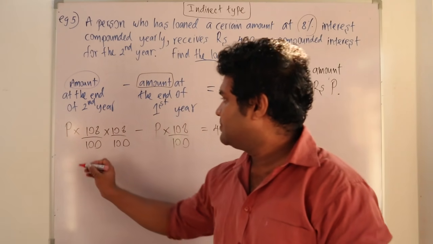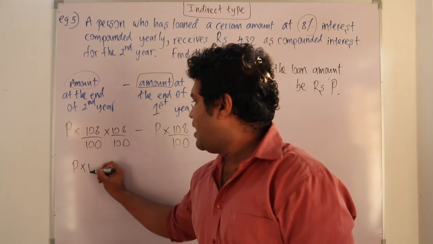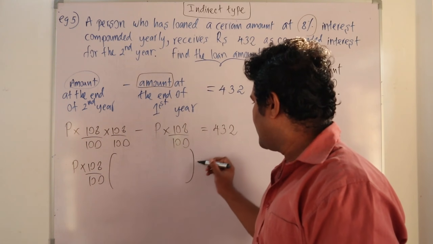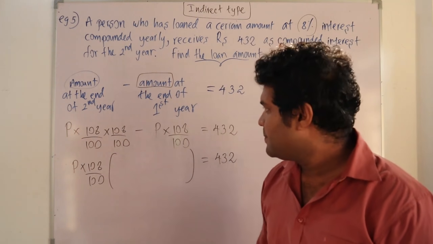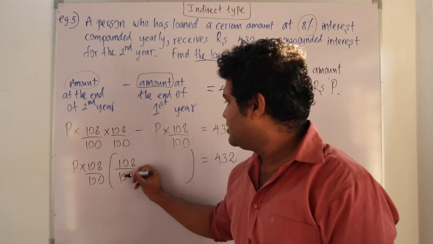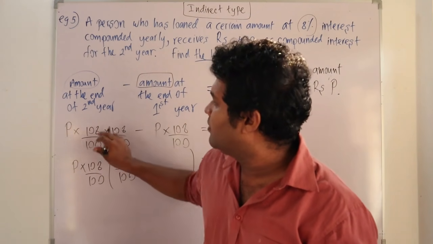Then how can I factorize? If I take P times 108 over 100 out, what is coming? 108 over 100. Why? Because we have already taken P times 108 over 100 from the first term.